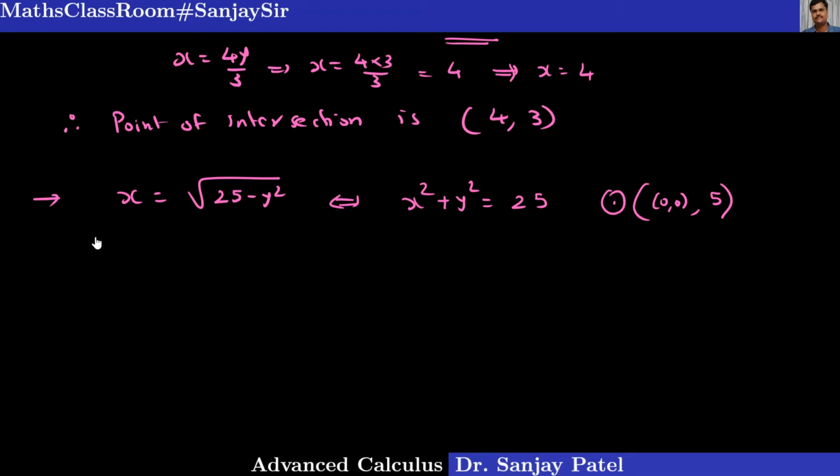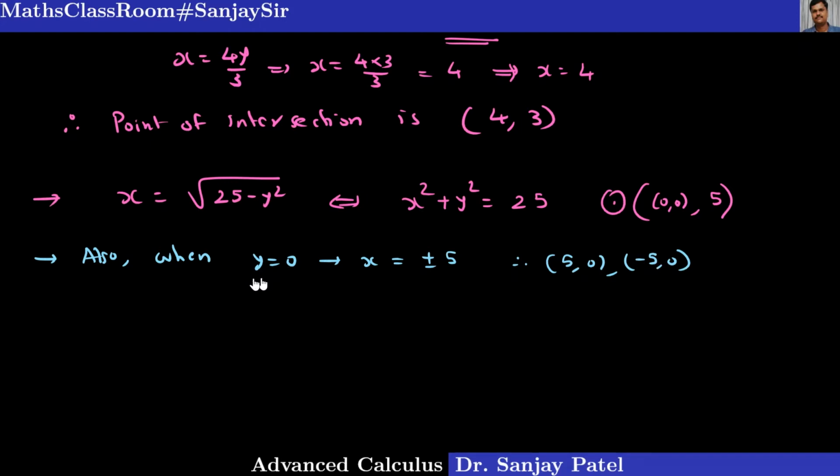Let us find the points of intersection of these curves. When y is equal to 0, we get x is equal to plus or minus 5. So you have two points, 5 comma 0 and minus 5 comma 0. That means the line y equal to 0, that is x-axis, intersects this circle at 5 and minus 5.